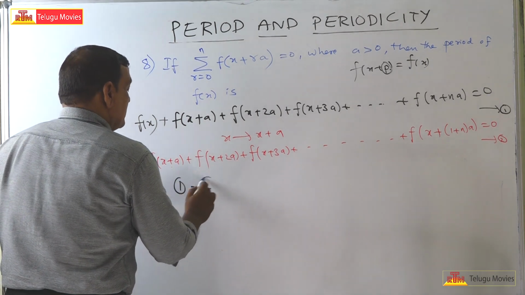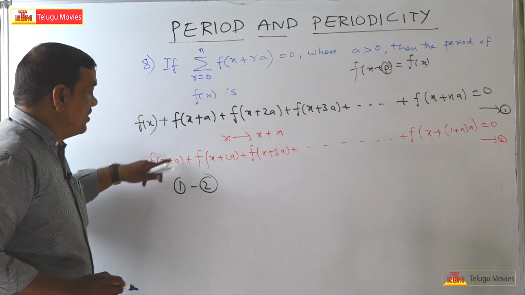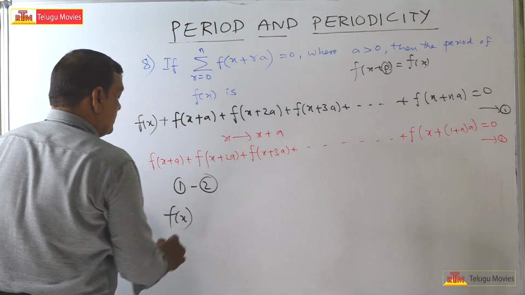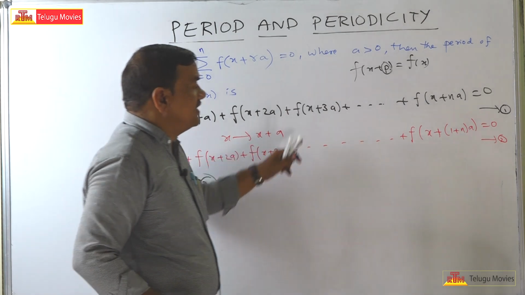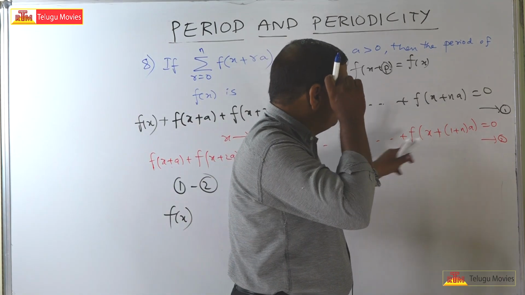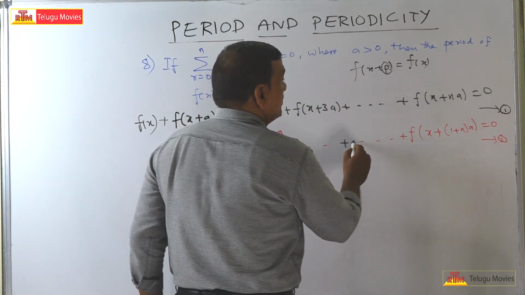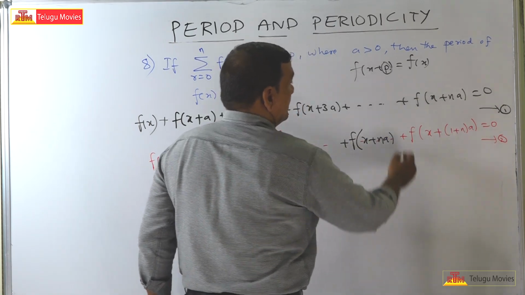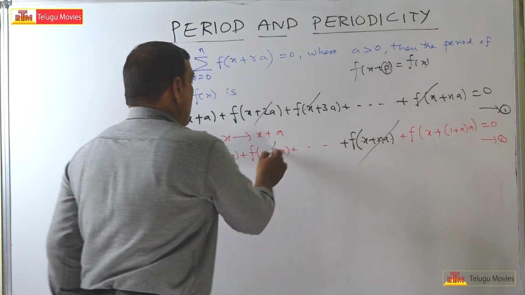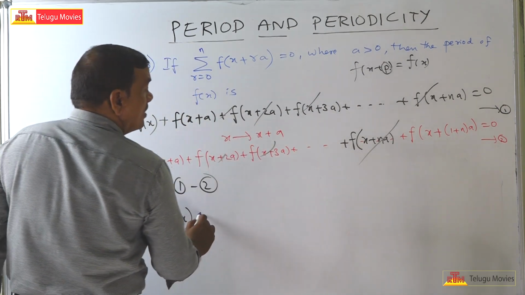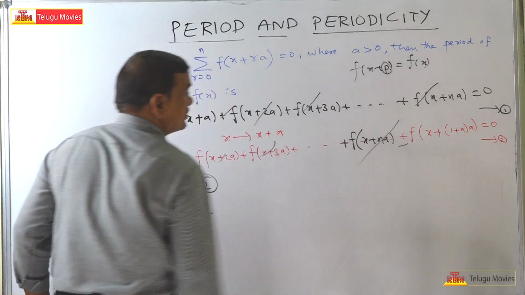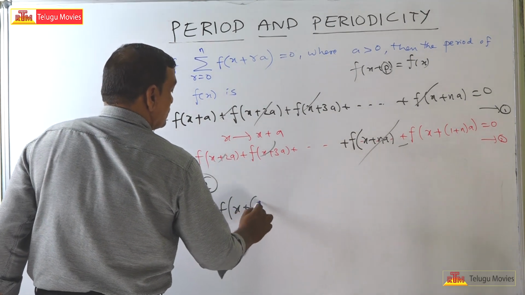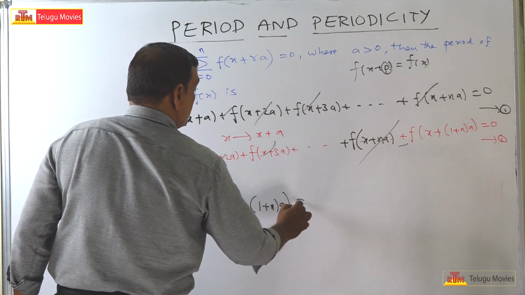first equation minus second equation, f of x plus a and the others will get cancelled. This f of x remains. All these will get cancelled, and f of x plus na also will get cancelled. Ultimately, after subtraction we get minus f of x plus 1 plus n into a is equal to 0.